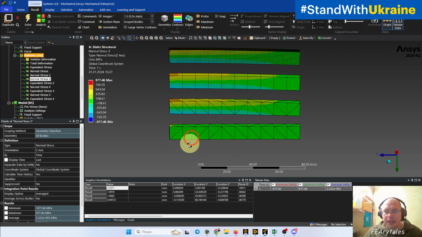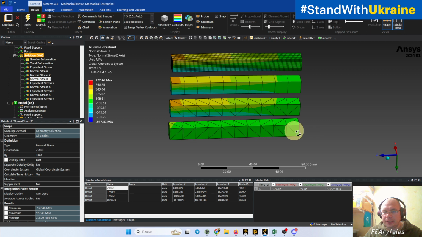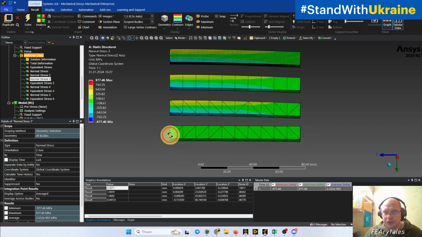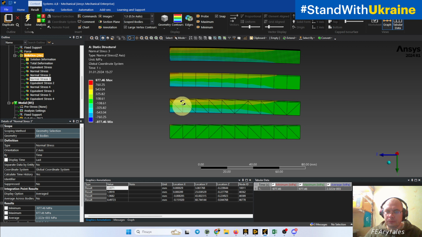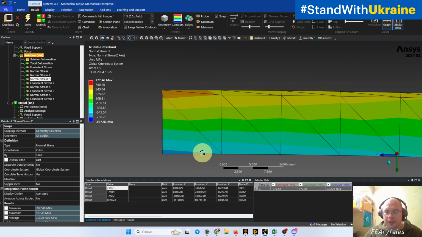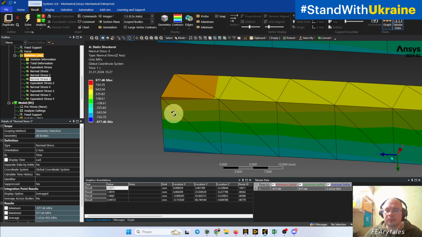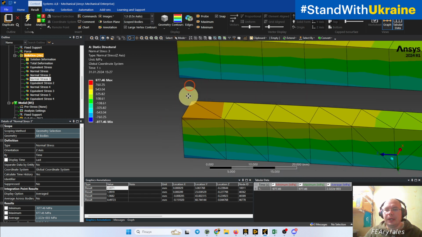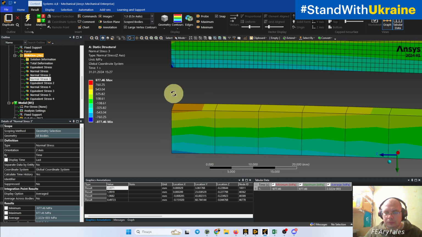And we can see that only this one doesn't change its value through the thickness. We can see this value changing inside of the thickness for the quadratic tetra element, and we can see it for the linear hex element. But maybe it's only, as we say, linearization of the mean value because it's averaged.